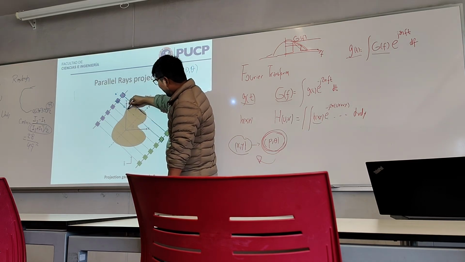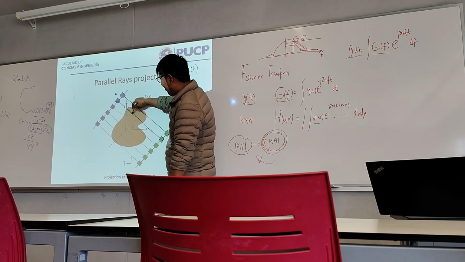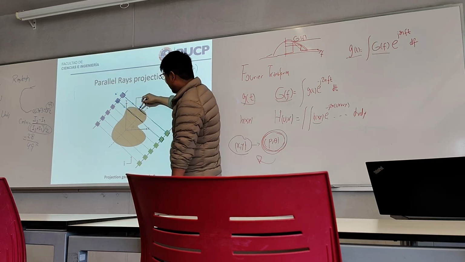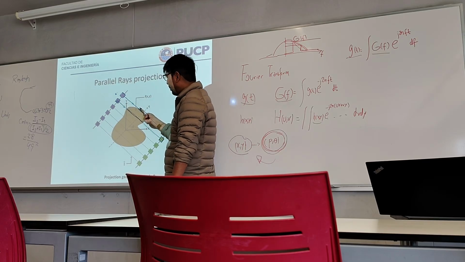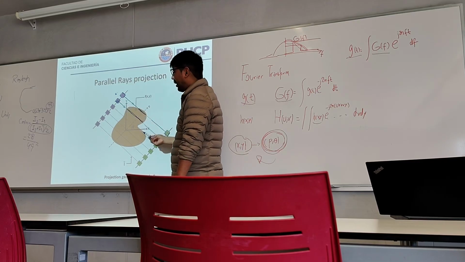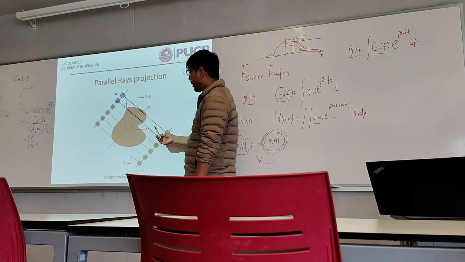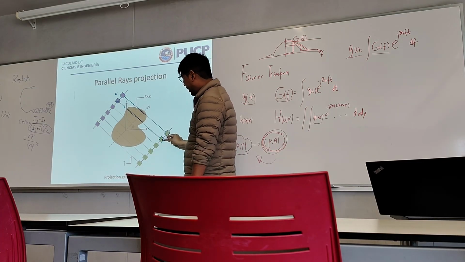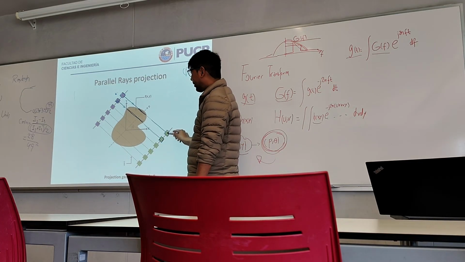And graphically, we can see that this distance is a longer distance. So assuming that the attenuation is the same around this region, the X-ray in this direction attenuated more. So the intensity here should be less than here. Okay?